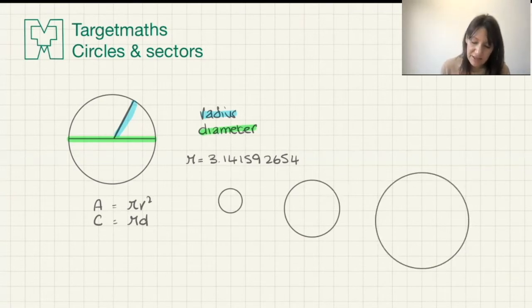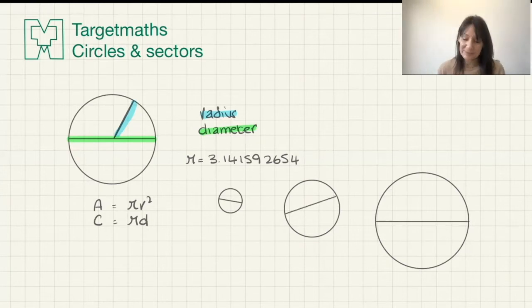So out of the three that I have just drawn, that circumference is definitely smaller than that circumference and that circumference. And every circle has a diameter.